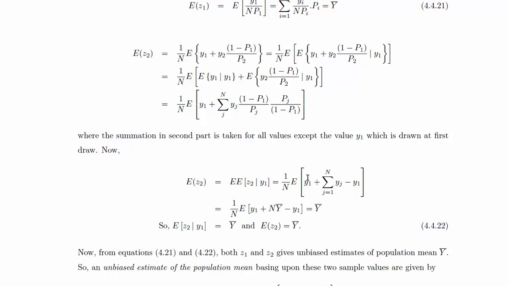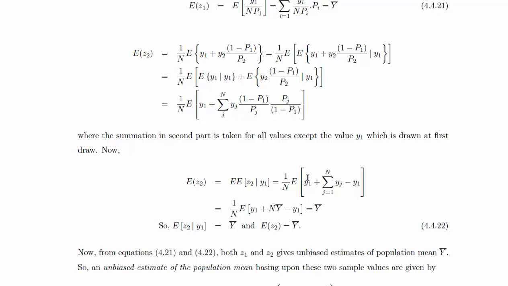So in the previous case, where the probability is proportional to size with replacement, Z1 equal to y1 by np1, Z2 equal to y2 by np2, Z3 equal to y3 by np3. So defining Z1, Z2, Z3 is easy, with Z_i equal to yi by npi.